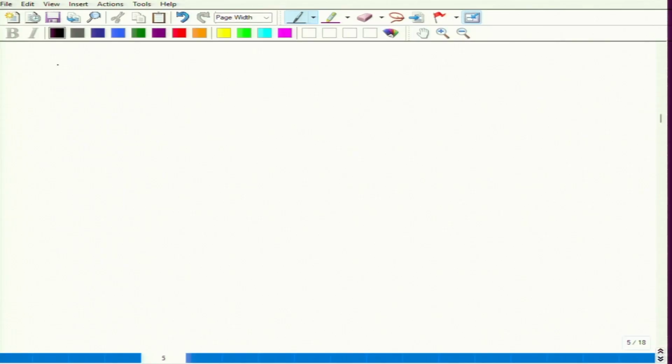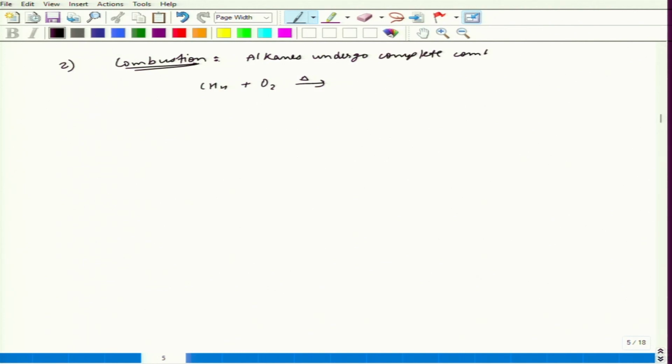Okay. So, let us move on to the second chemical property, that is combustion. Combustion, we all know, means heating in presence of air. So, if I heat in presence of air, the alkanes undergo complete combustion, and we all know that complete combustion means the formation of CO2 and H2O.